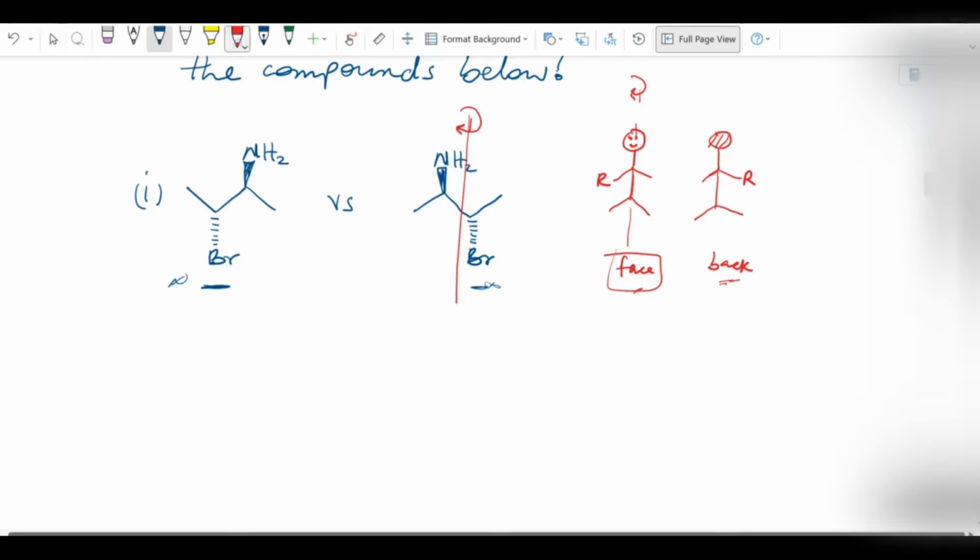So based on this compound, let's number this actually. So if you number this as 1, 2, 3, 4, 1, 2, 3, 4. Because we start numbering from the end that is closer to the bromo group, we should do the same thing for the other one. We should also start numbering from this end that is closer to the bromo group.